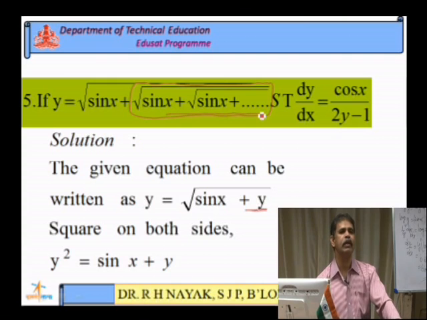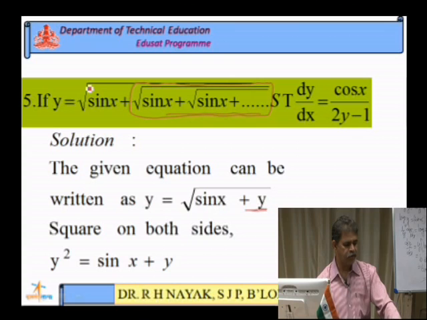Hence, what is y? y is root of sin x plus y. Otherwise, you can take square on both sides. The first square gets cancelled with the root and y square is equal to sin x plus y.